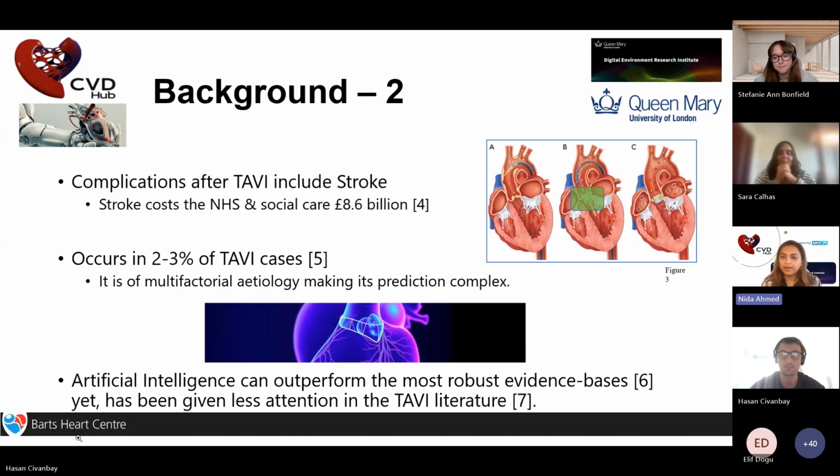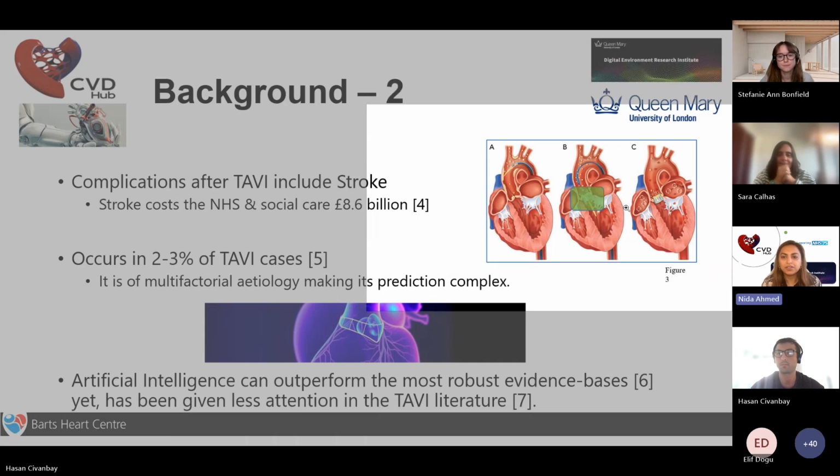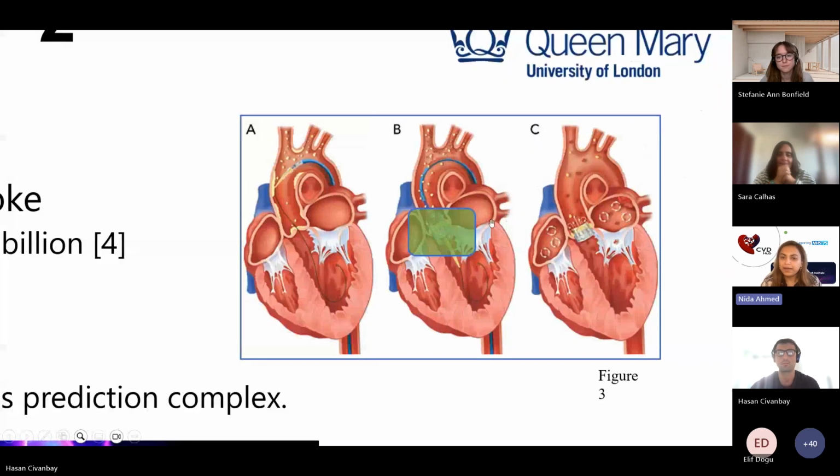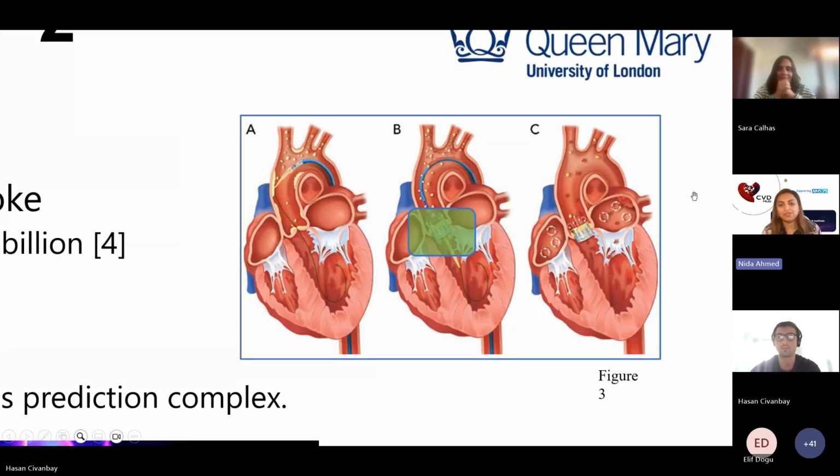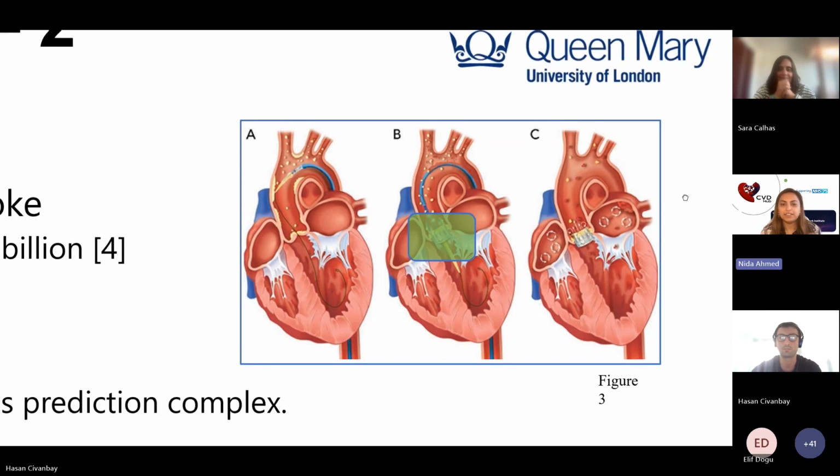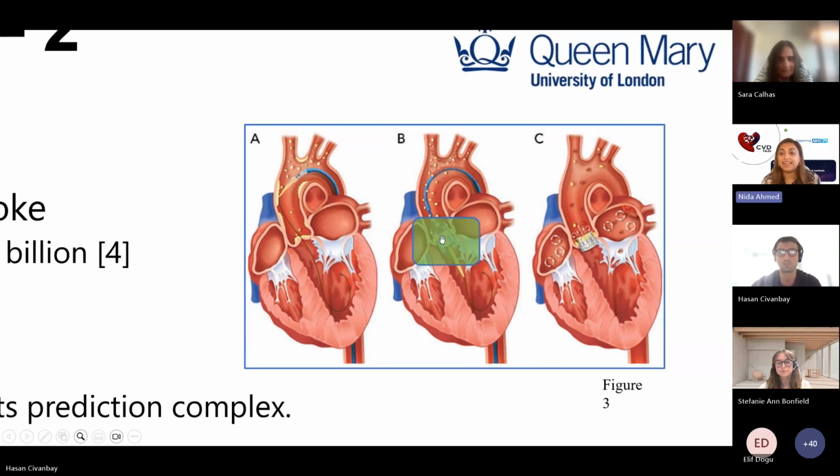So I'd now like to talk you through this figure to just explain where the concept of stroke after TAVI is coming from. You see the blue pipe, essentially that's our TAVI delivery system, and that is taking the valve down to this green square, which is the landing site.